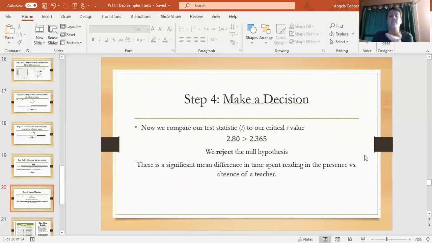That's saying there is a significant mean difference in time spent reading with a teacher in the room versus without a teacher in the room. We're rejecting the null hypothesis, where the null hypothesis is saying they read at approximately the same rate. Nope, we're rejecting that notion. They don't read at the same rate when a teacher is in or out of the room.